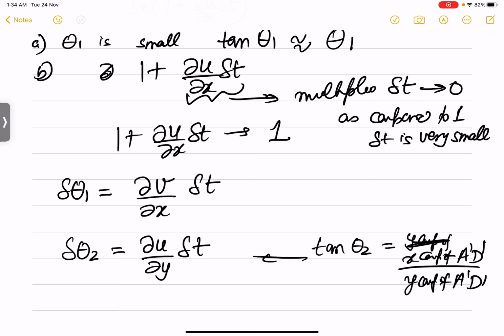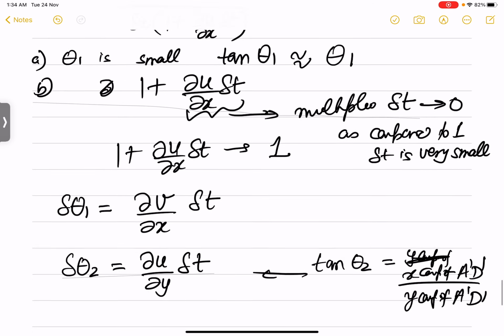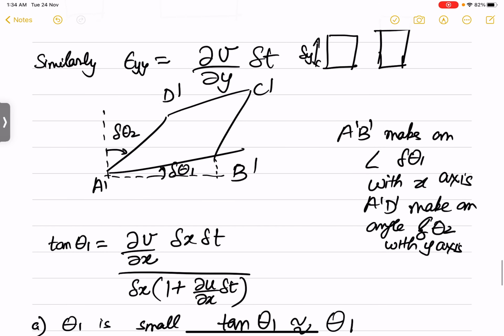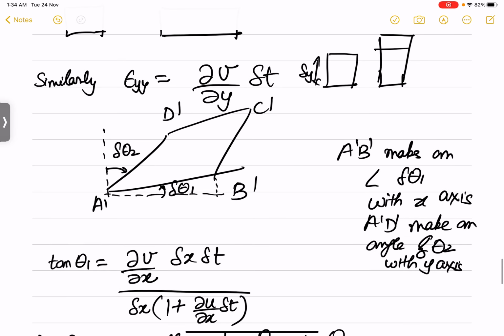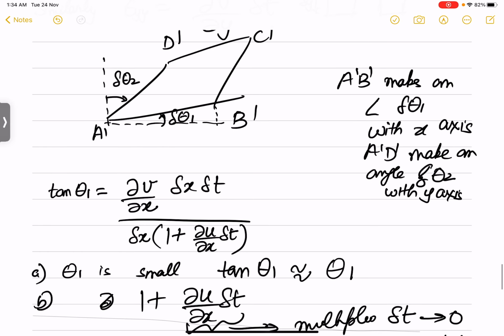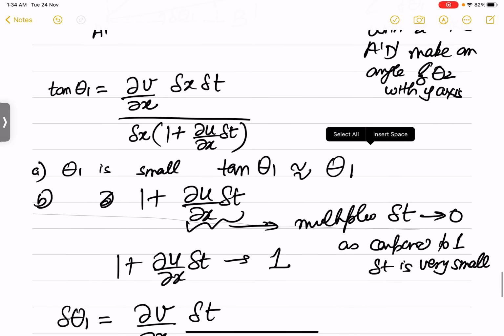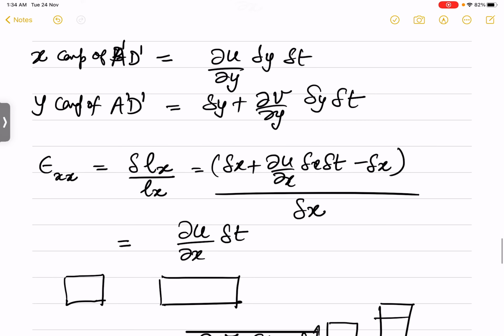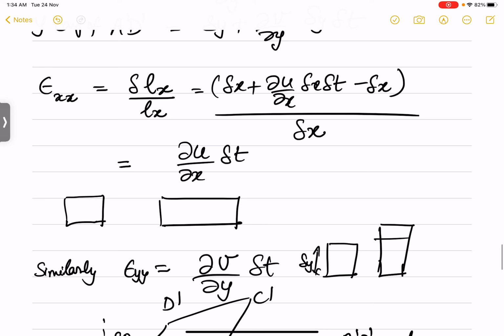So now we have worked out everything in terms of the velocity, how the new position is looking in terms of velocity, and because of the Taylor series we get these terms as derivatives. In particular, we saw that the length pulled in the x direction turns out to be partial u by partial x delta t.